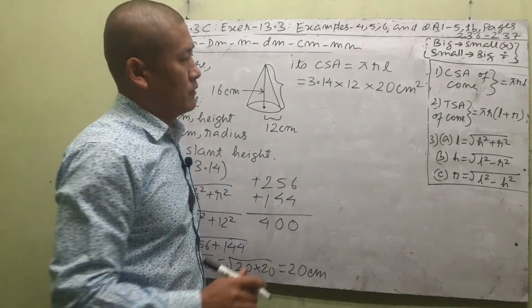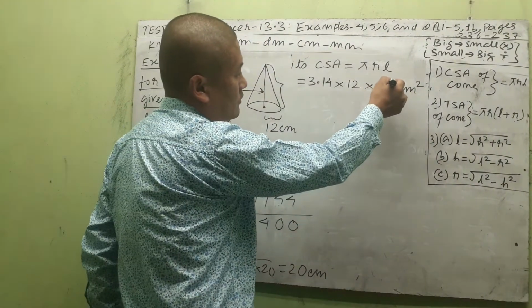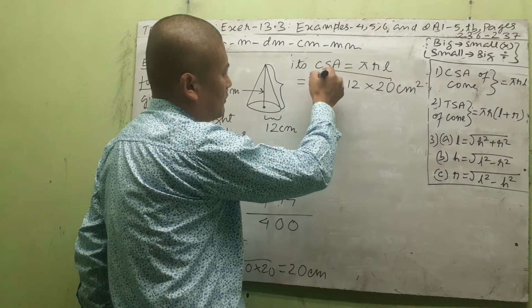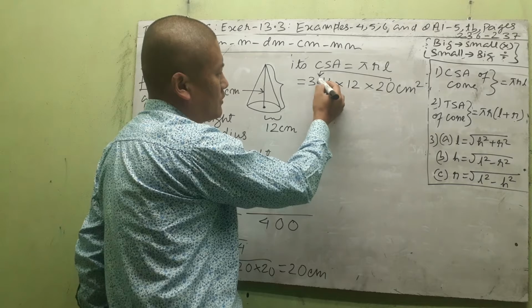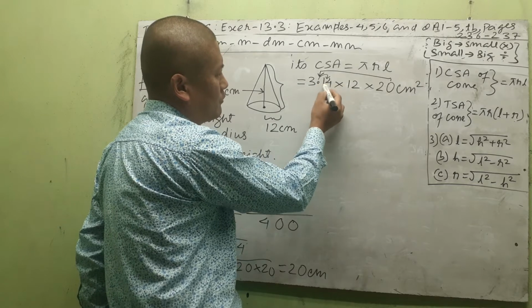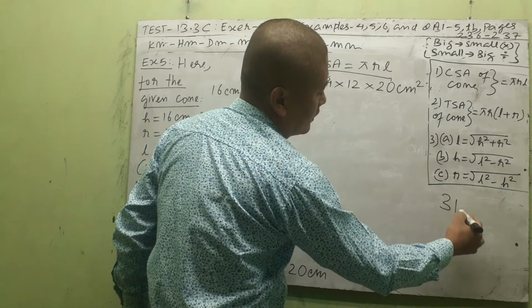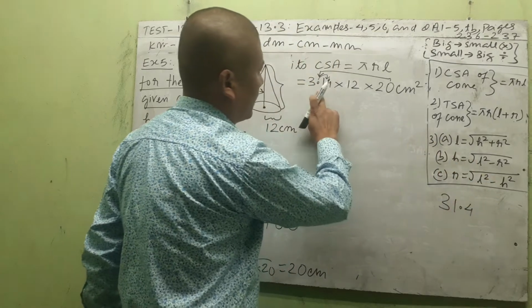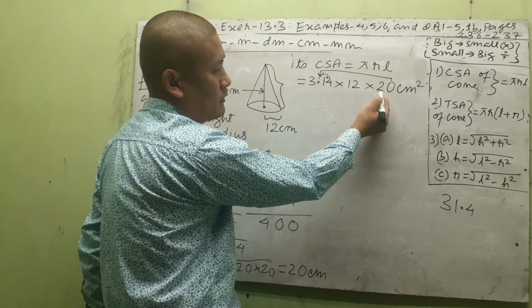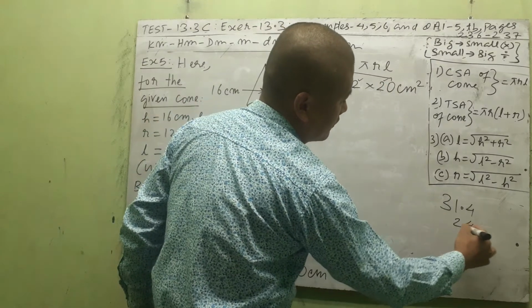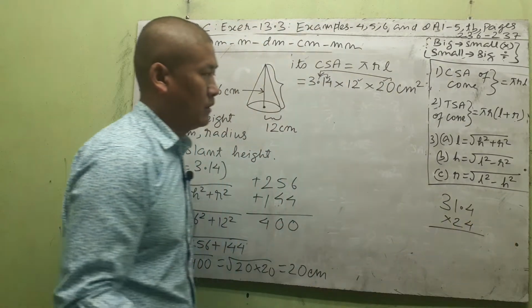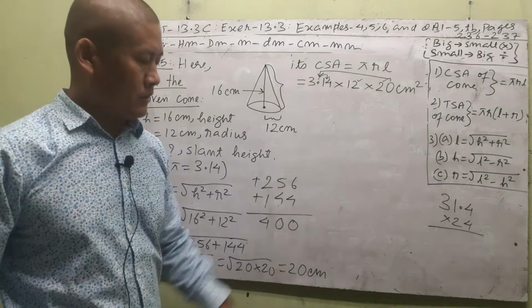As we have been saying so many times now, this single zero means 10. So if you multiply decimals with zeros, 1 0 means the decimal will shift to the right one place, between 1 and 4. So you're going to get 31.4 when you multiply by the 0. 2 is left, so 2 into 12 is 24. So when we multiply these two, that will be our answer for curved surface area.